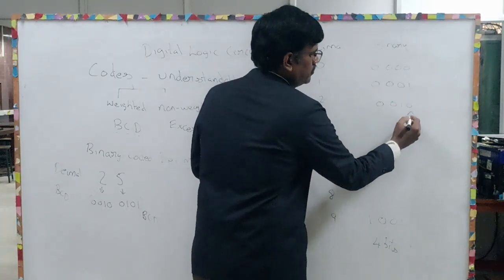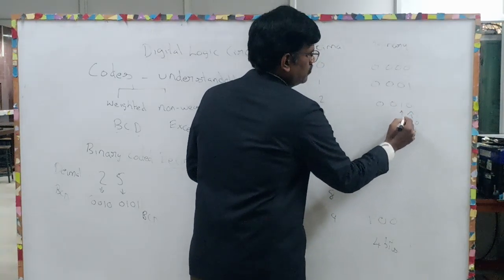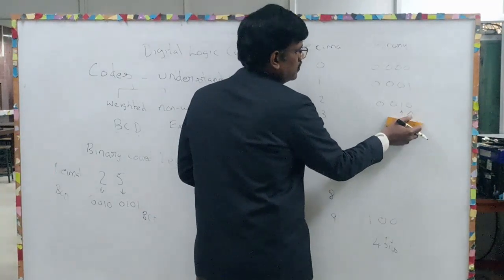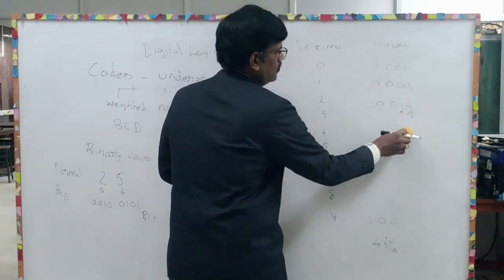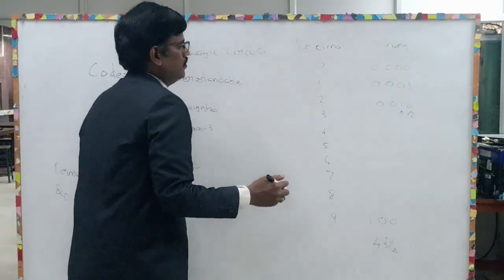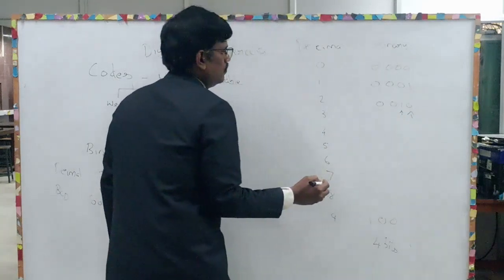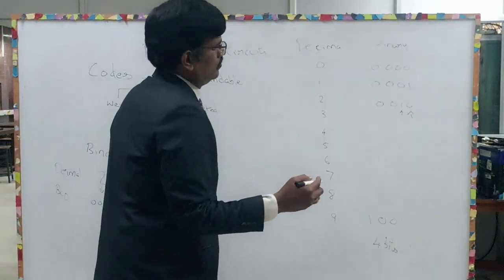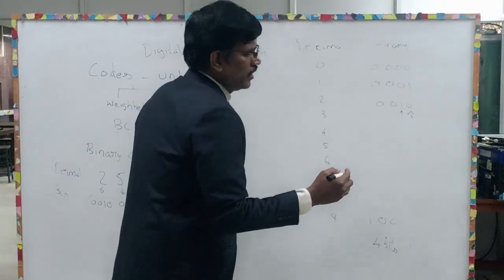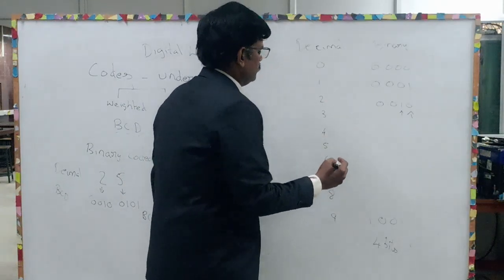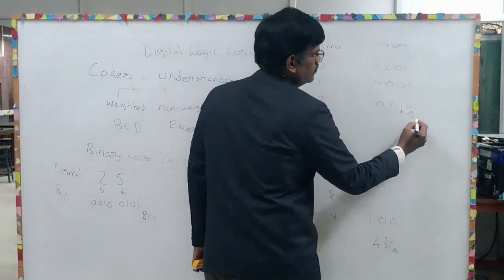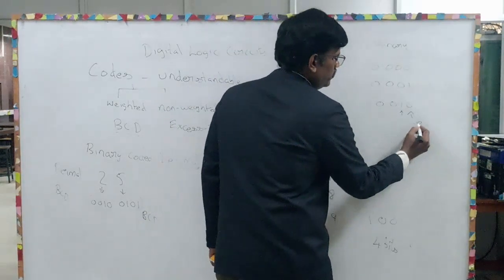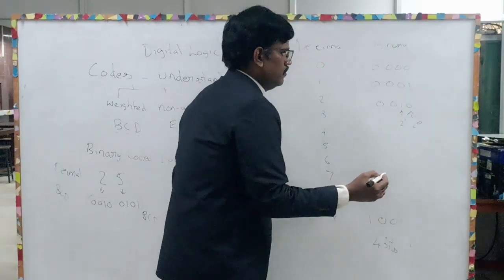position, this position is going to be multiplied by 2 power 0, this is going to be multiplied by 2 power 1, and the conversion is based on these powers.